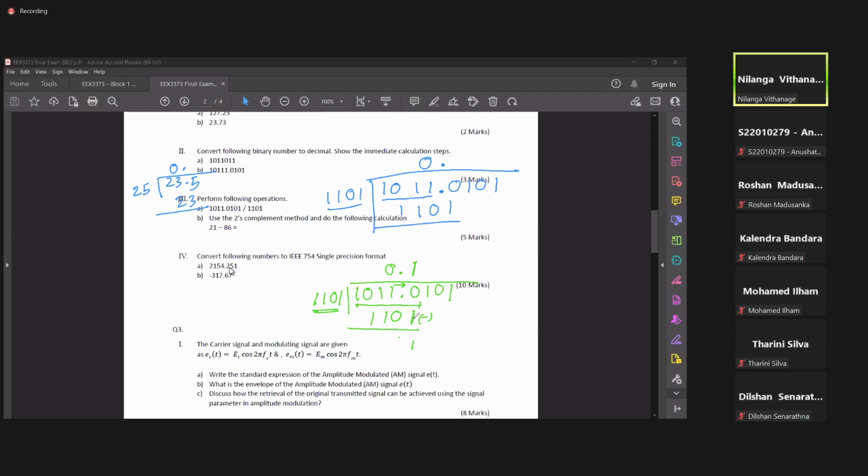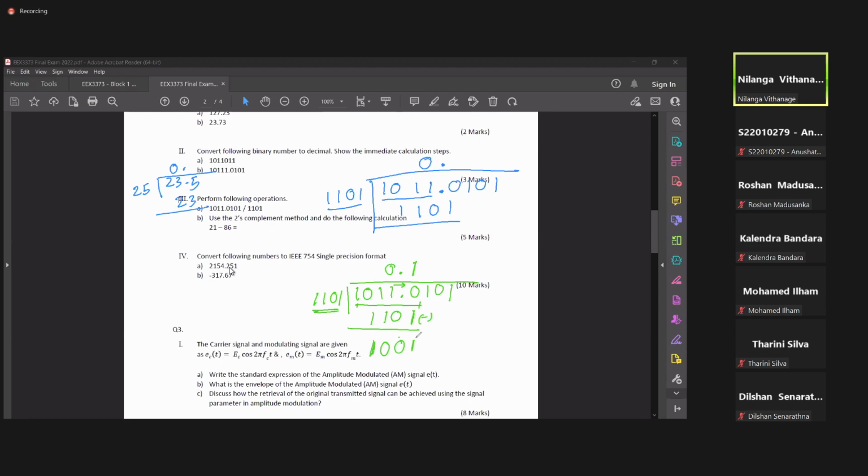So 1 0, you can subtract 1 from 1 0, so it is 1. Then now it is 0. There is 0 here, so 0 subtracted by 0 means 0. 1 minus 1 means 0. 1 0 minus 1 means 1, right?